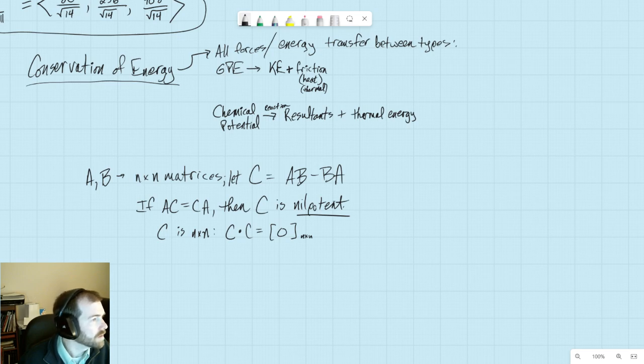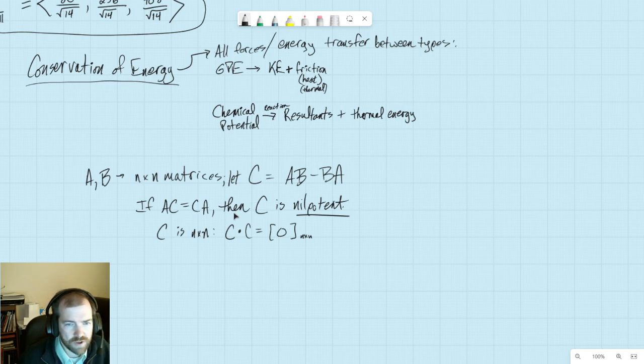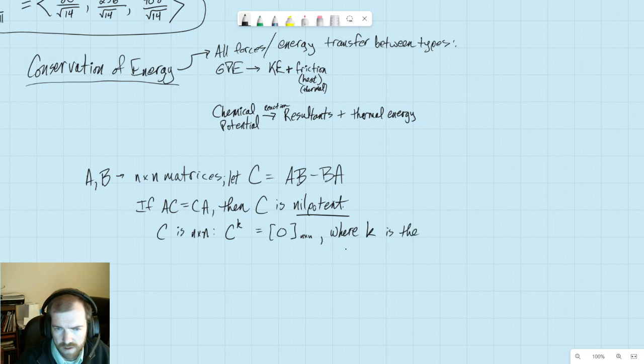Ah, that's what it is. It's raised to a power, where k is the degree of nilpotency.